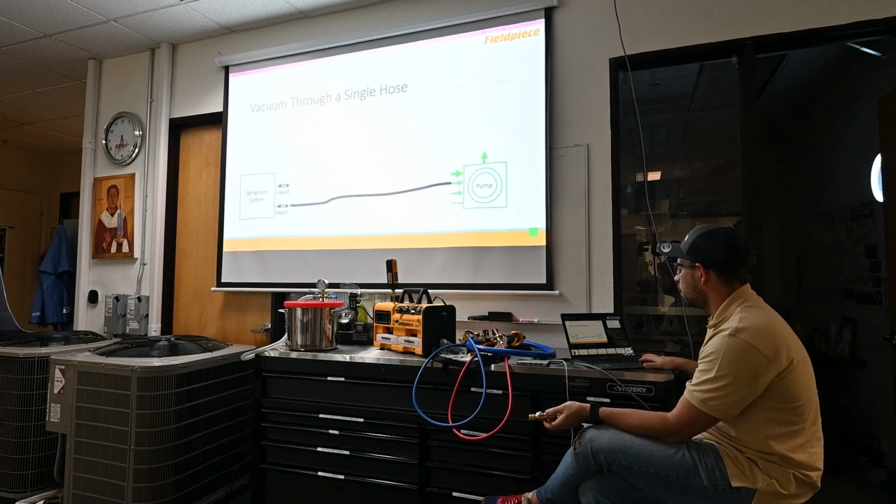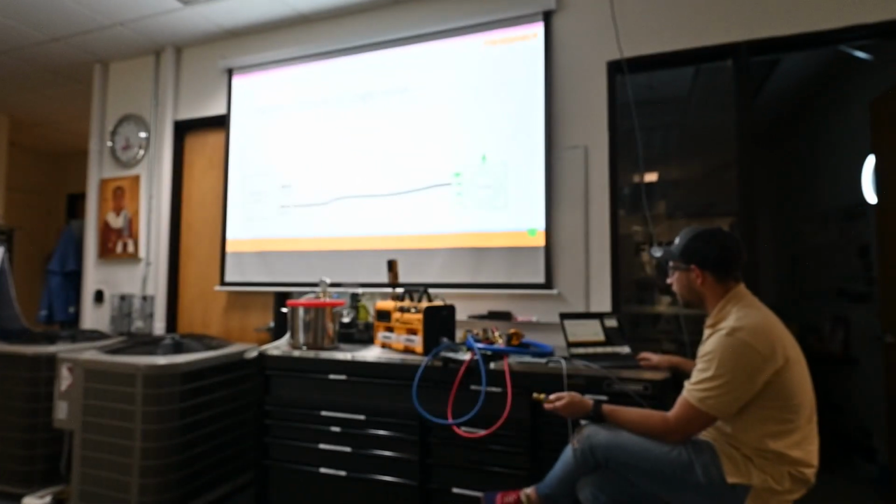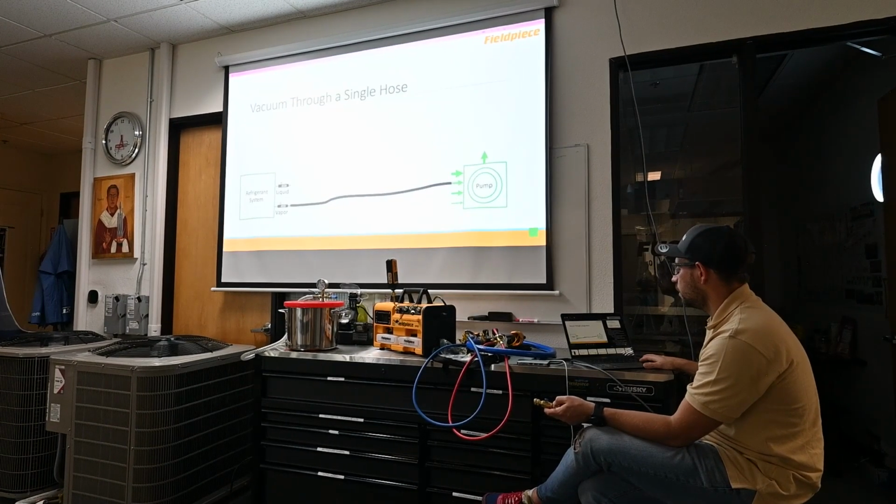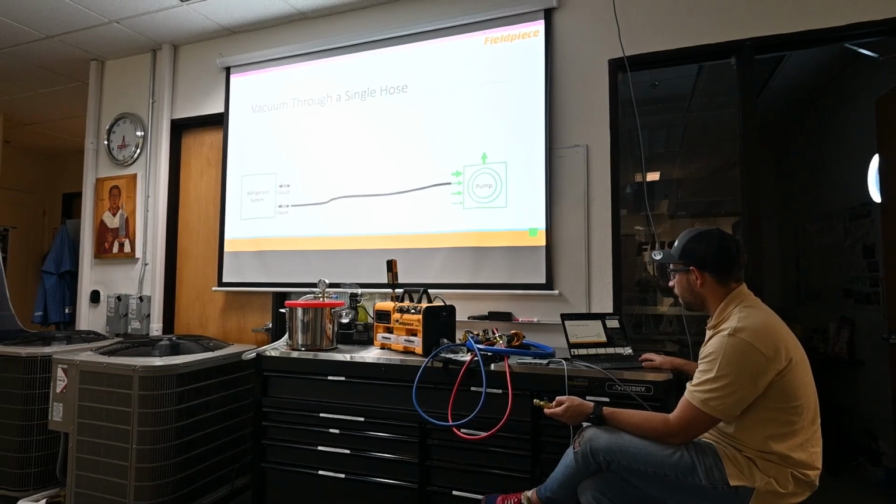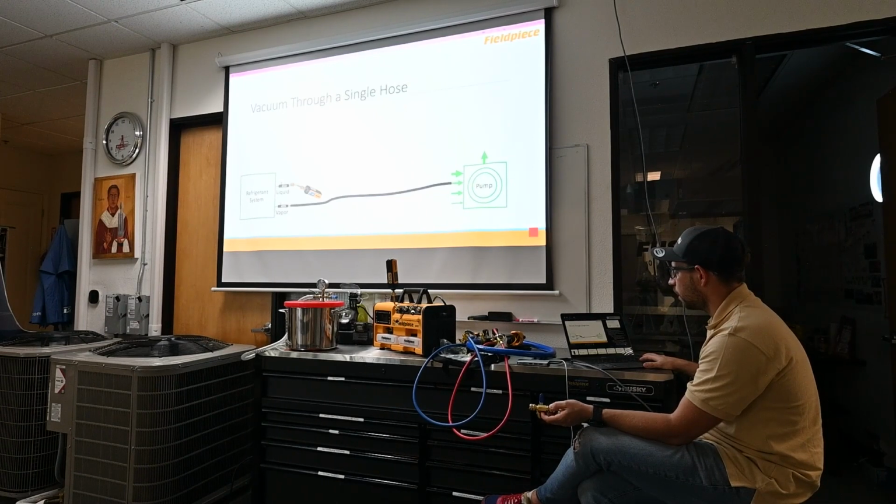Or if we don't want to use our gauges, we can connect the vacuum pump directly to the refrigerant system. For example, we can put hoses on the vapor line and vacuum pump, and on the liquid line we can install just a vacuum gauge.